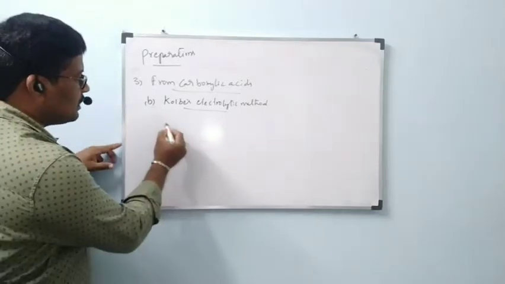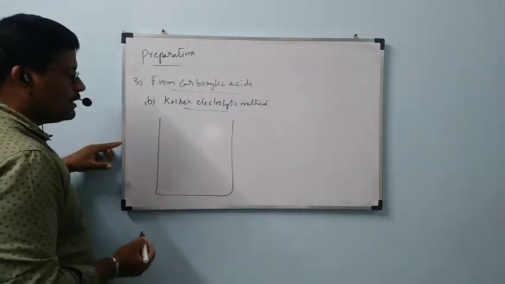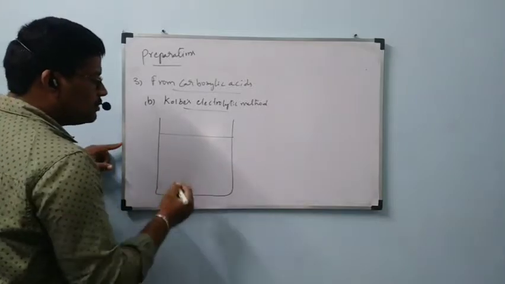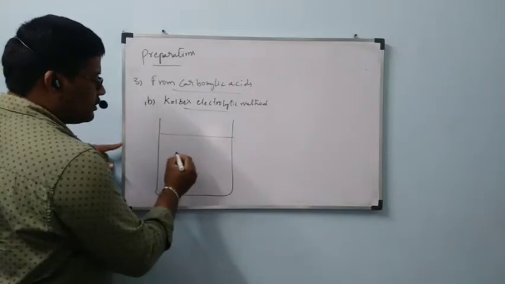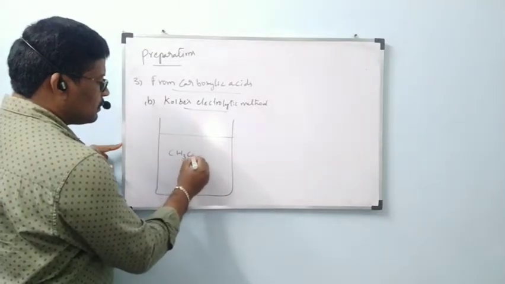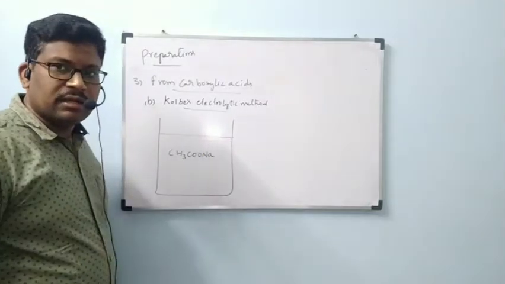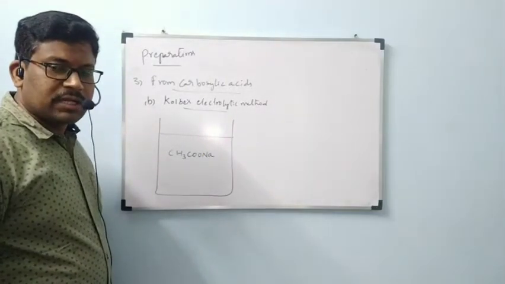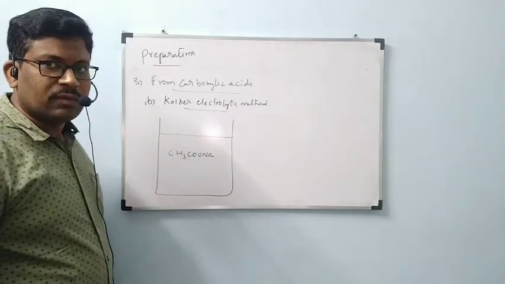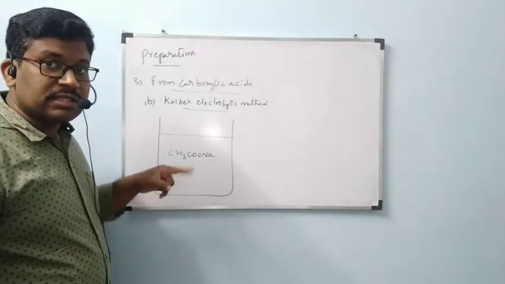Let us see, under Kolbe's electrolytic method, we take a beaker which contains a solution of CH3COONa. In the previous preparation also we took this sodium salt of ethanoic acid, but here it is dissolved in water.